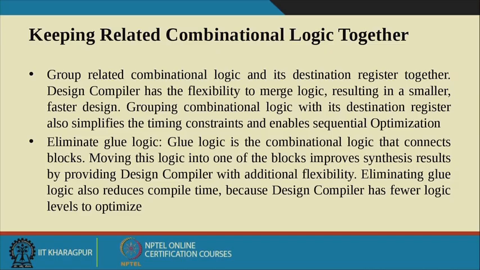Okay, so then, keeping related combinational logic together. All the time we know that if two blocks are interconnected or interrelated to each other, then whenever they are placed, to reduce the corresponding path delay between them, as there is so much influence between these two blocks, they will always be kept together.